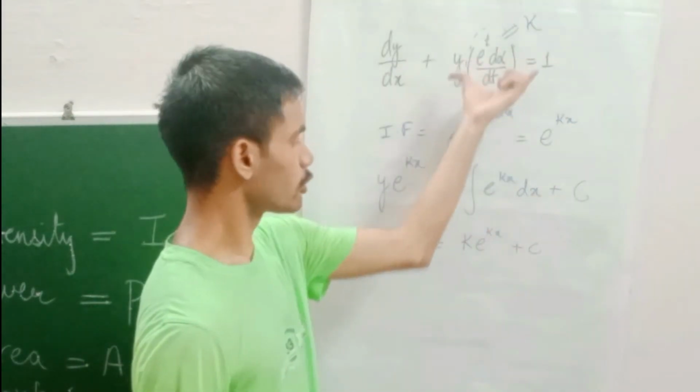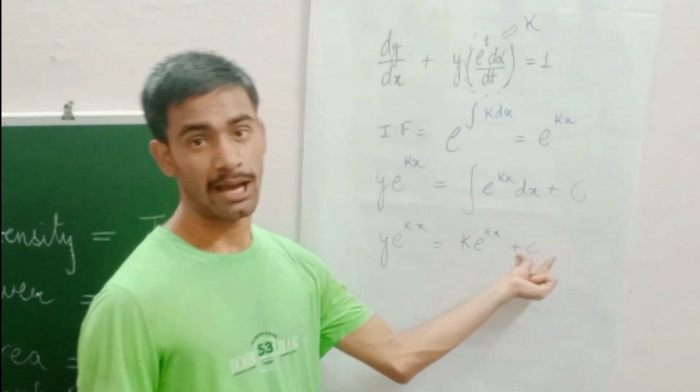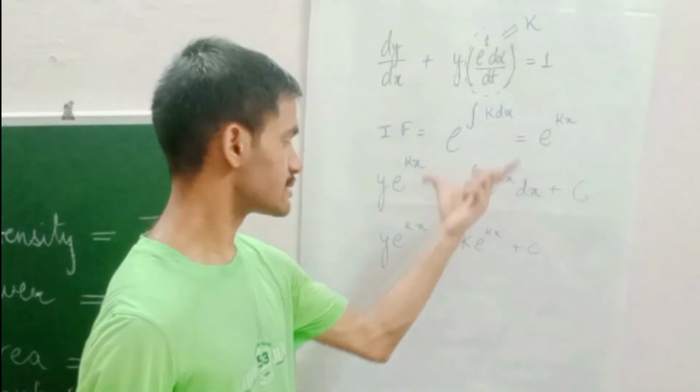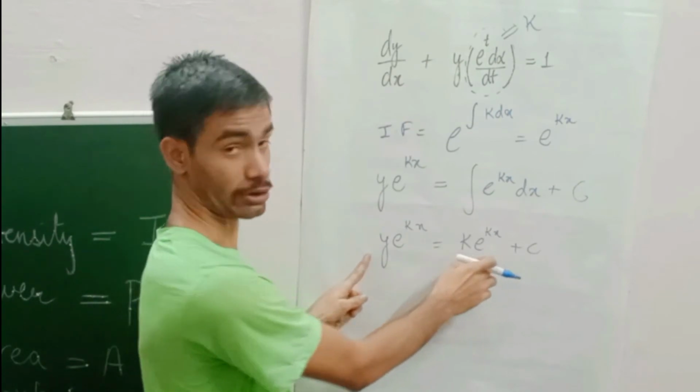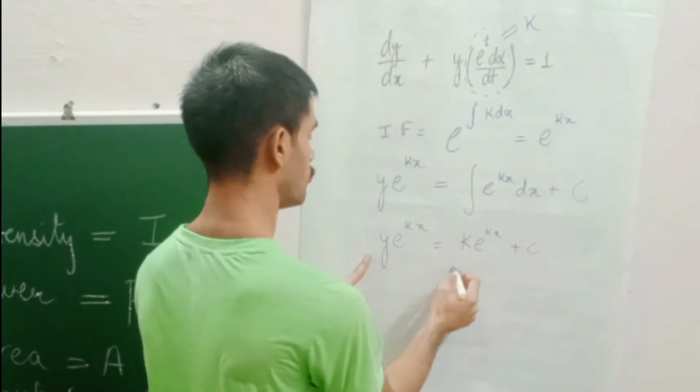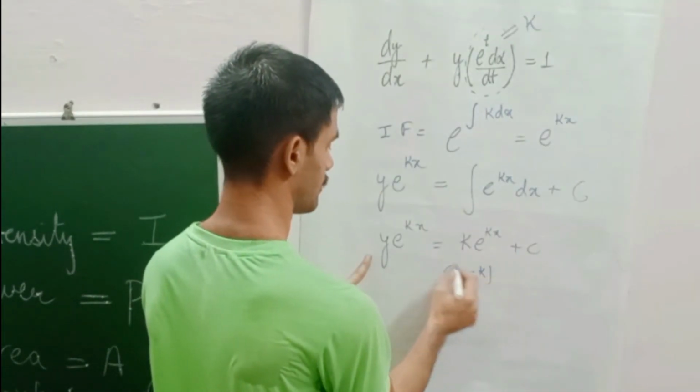So this k is known to you, you have to find this c. As it is crossing 0 comma 0, put 0 here. So this whole term will turn to 0, but this won't. So c equals minus k.